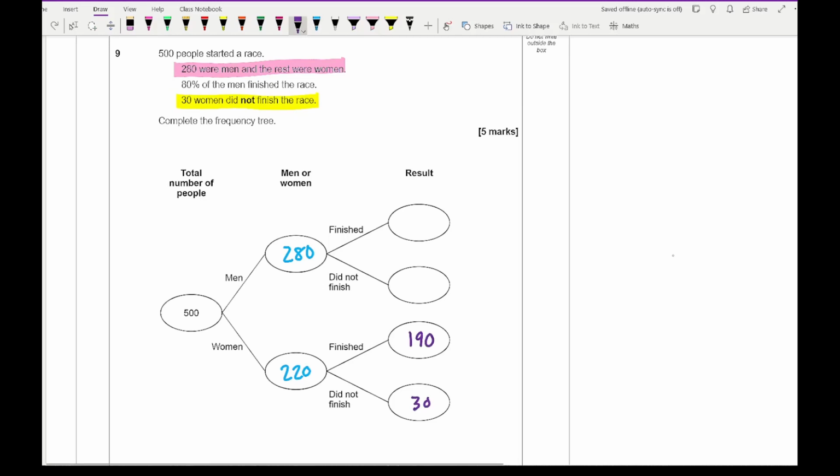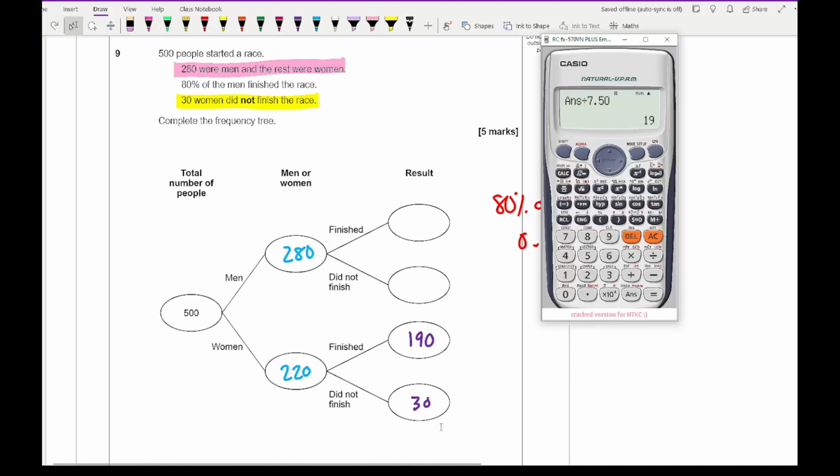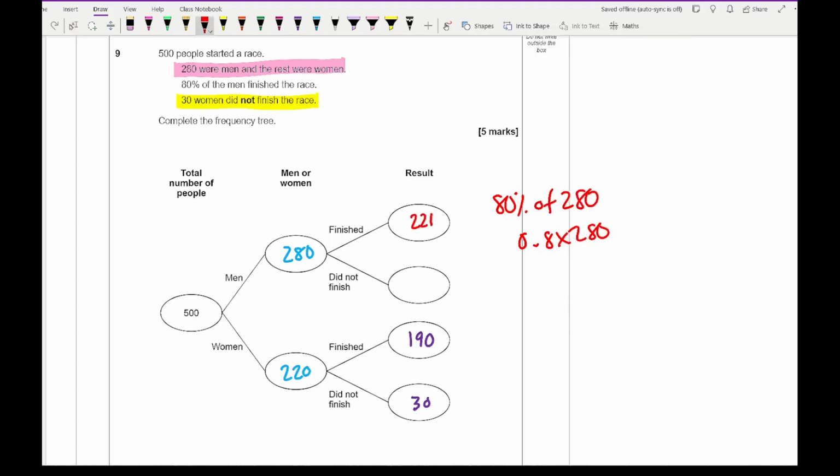In terms of the men, it says 80% finished the race. So 80% of 280 is 0.8 times 280. On the calculator, 0.8 times 280 equals 224. So that's 224, and then this answer is going to be 56.